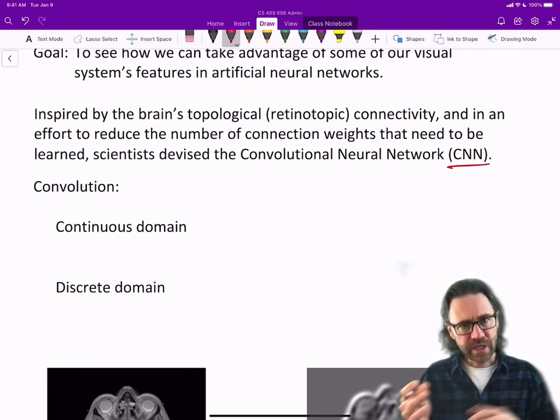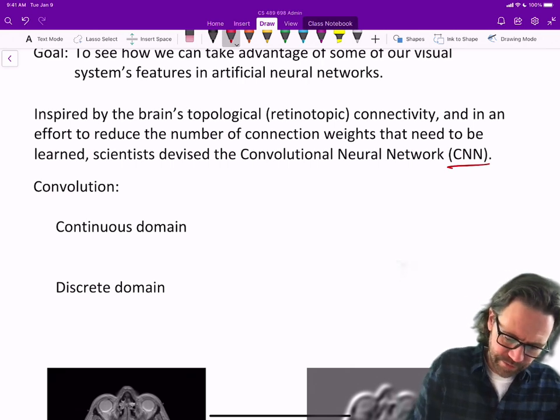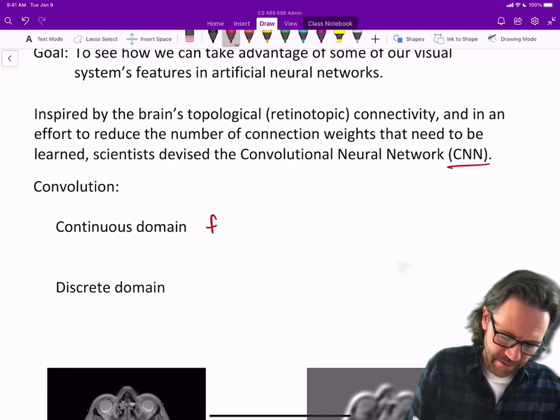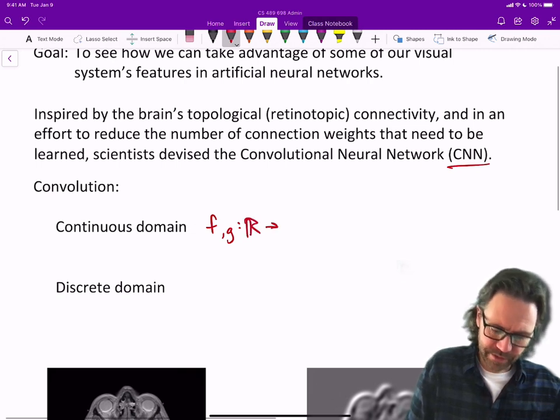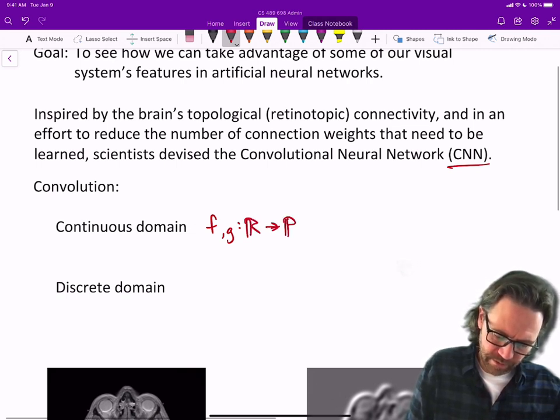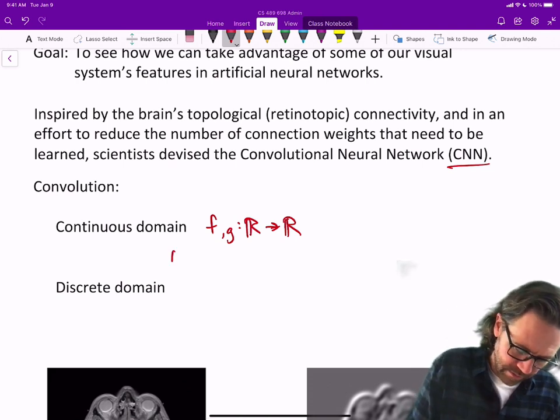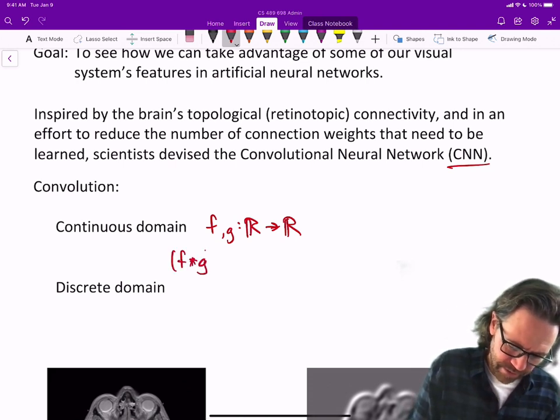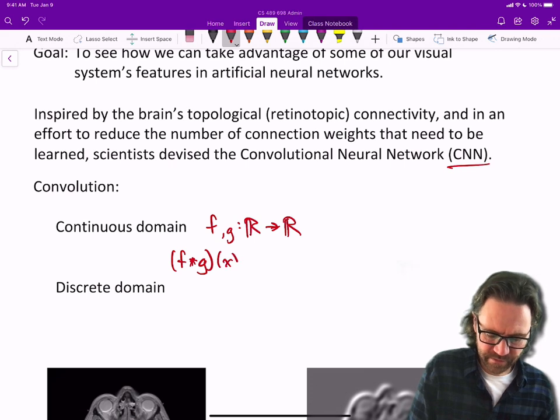So in the continuous domain, convolution between two functions f and g, which for the purposes here I will say map from R to R, is written f star g, and then it's a function of some variable.